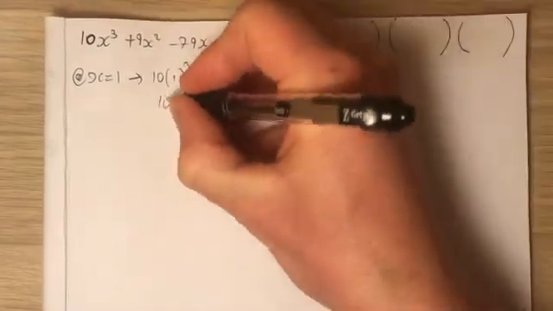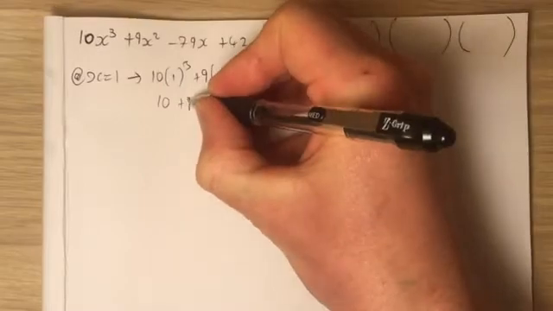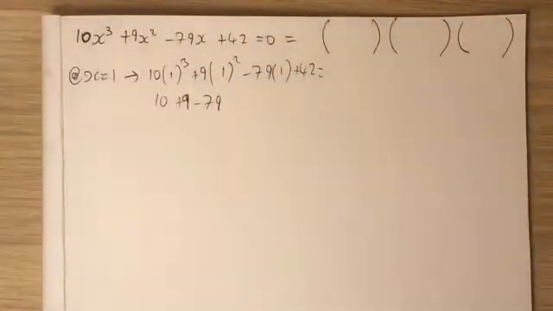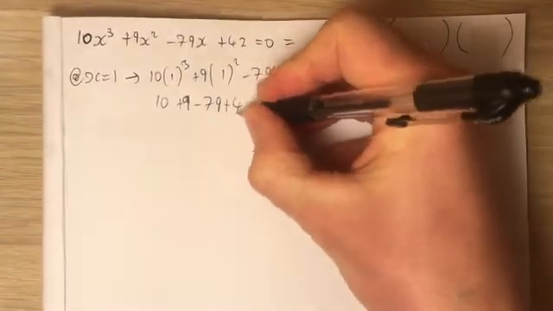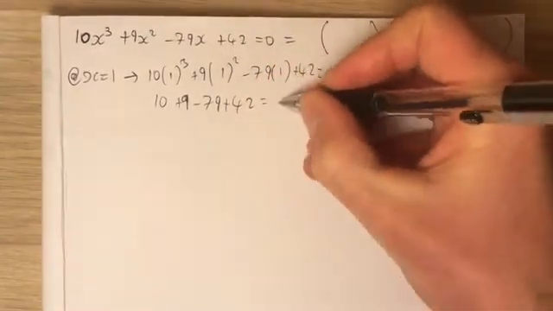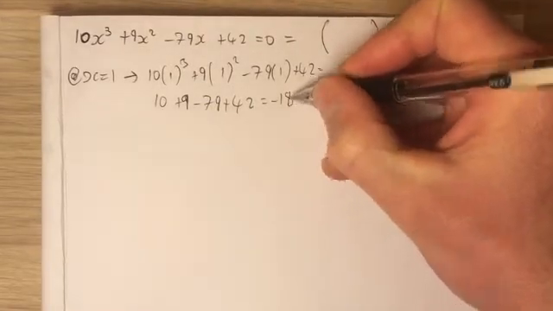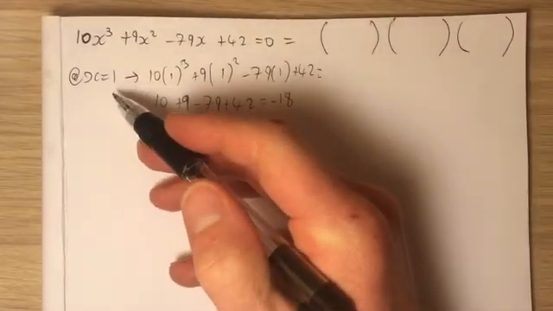That would be 10 plus 9, so 19, minus 79, so that's minus 60, plus 42, so that's negative 18. So I've got a remainder of negative 18 when I put in x equals 1.